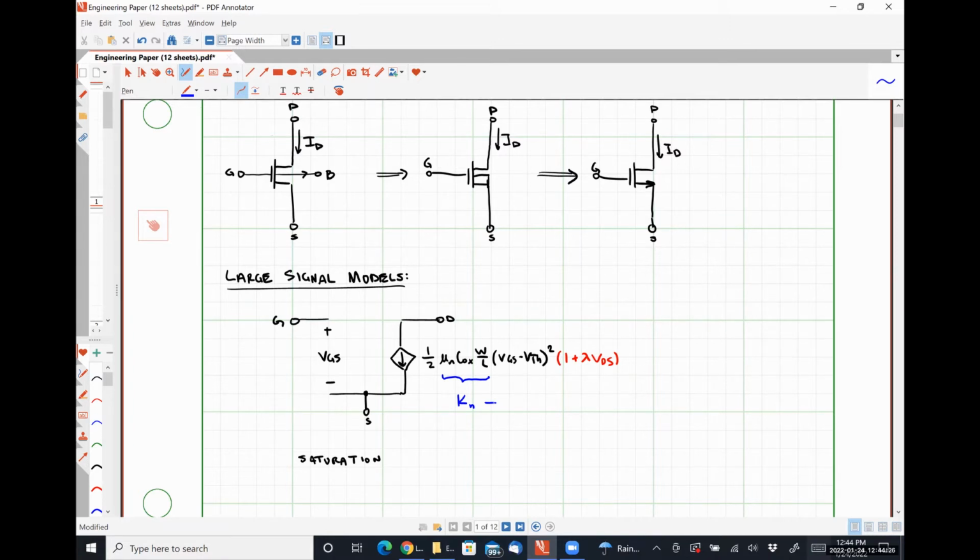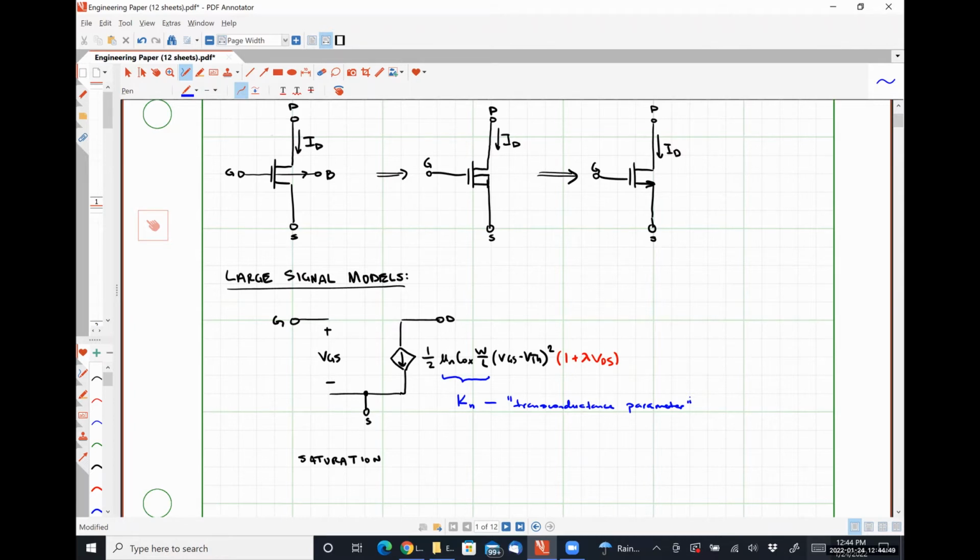Okay, so this is our transconductance parameter, and really, it just saves us from having to write that over and over again.